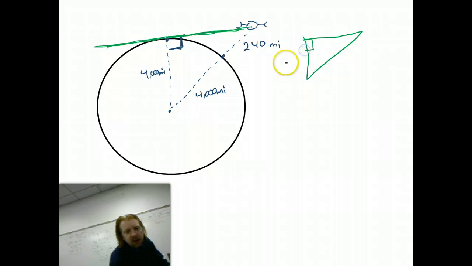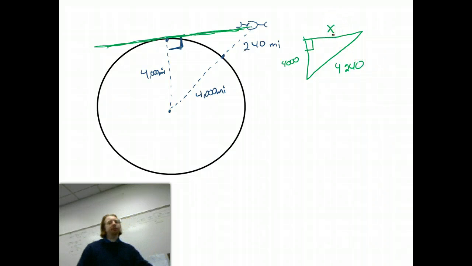There's my right angle. It's 4,000 on this side. It's 4,240 on that side. And that's the side I don't have. Oh, I thought you didn't have C for some reason. Yeah, a lot of people will do that, especially out of habit, because that's what we tend to do, is we give you the two legs. Like I even drew it just like that, but I don't know why I did. Yeah, well, it's a habit.